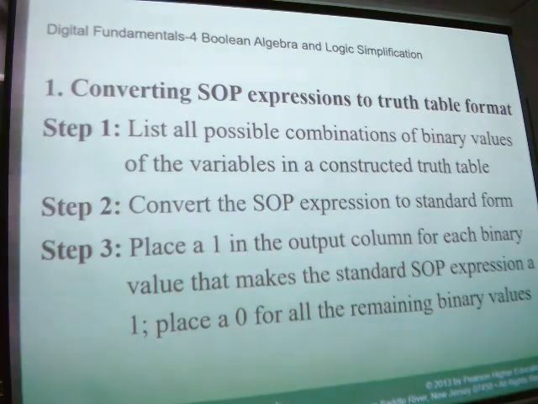The first step is to list all possible combinations of binary values of the variables in a constructed truth table. The second step is to convert the SOP expression to standard form. The third step is to place a 1 in the output column for each binary value that makes the standard SOP expression equal to 1, and place a 0 for all the remaining binary values.